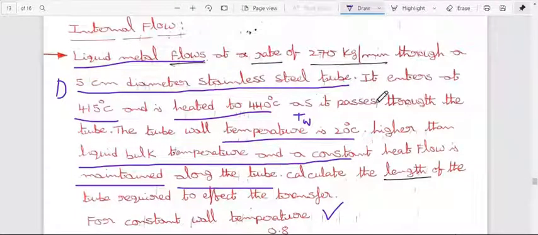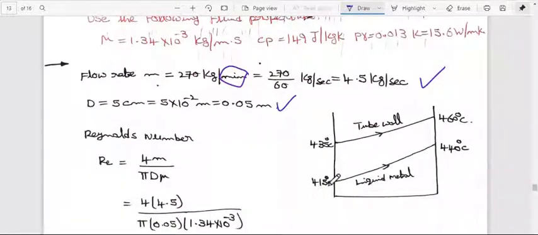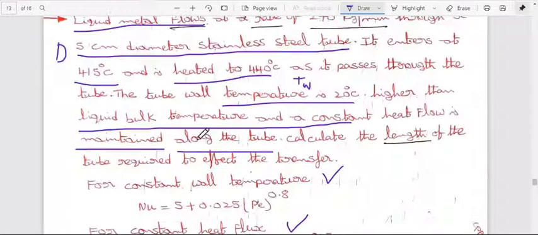Coming to this question, the liquid metal enters at 415 degrees centigrade and is heated to 440 as it passes through the tube. The tube wall temperature is 20 degrees higher than the liquid bulk mean temperature.